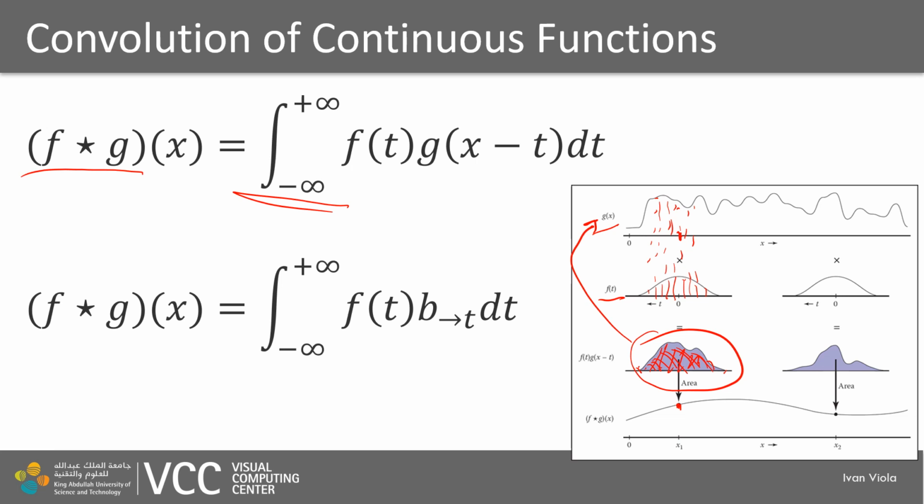If we have another position, let's say x is here, a similar thing happens. The f filter looks exactly the same at this position, but this function here looks a little bit different. Therefore, their product looks a little bit different too, but still it has a finite support, and the area is slightly smaller, we can see, than in the previous example, and therefore its value will be a little bit lower.